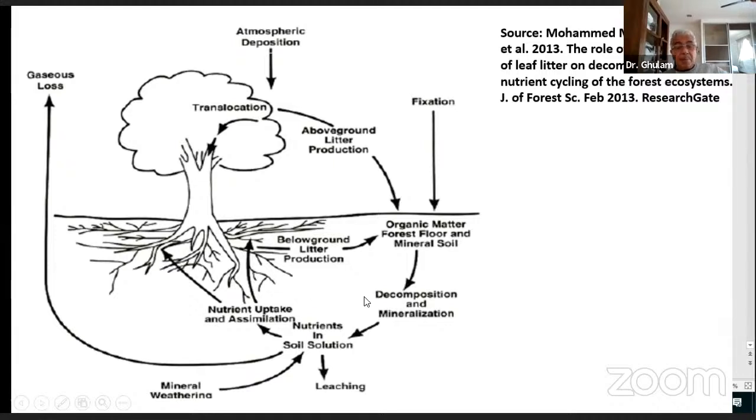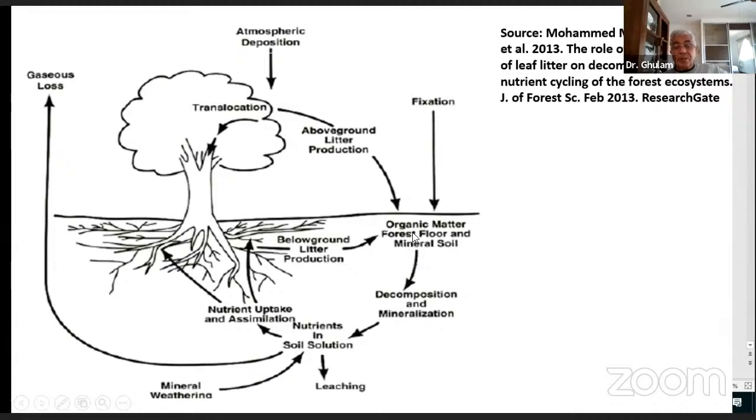And then there is also how the nutrients exist in the soil solution, below the ground. And then he also mentioned the process of decomposition and mineralization. That means the organic matter that is produced by trees and animals that goes into the soil is acted upon by microorganisms.